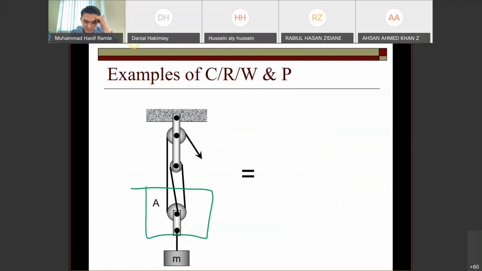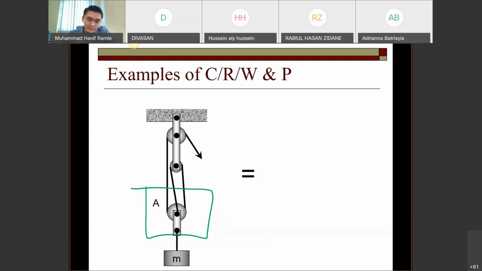Never mind. So my question is, how many tension there? 3T. Yes, correct. So the 3T should be pointing upward. Yes, correct.